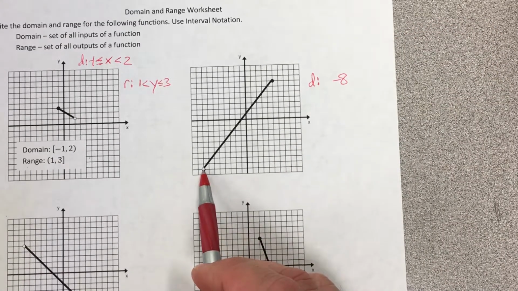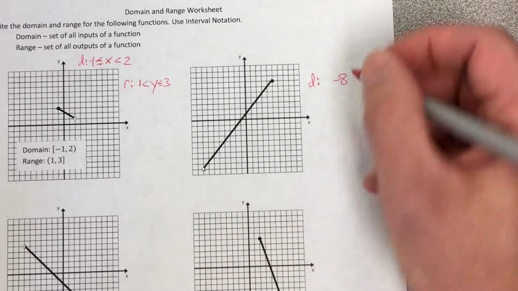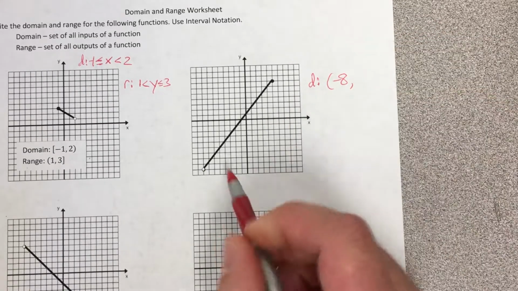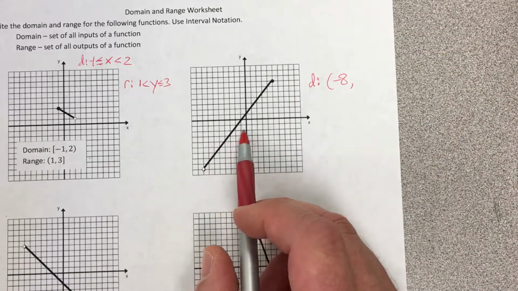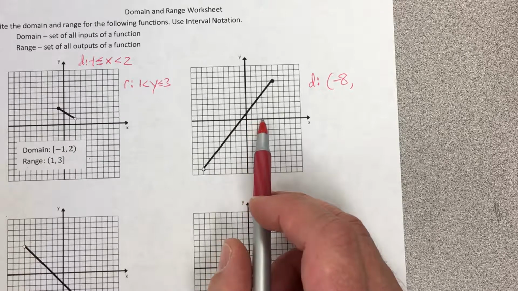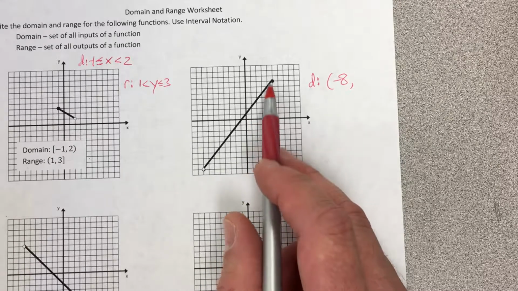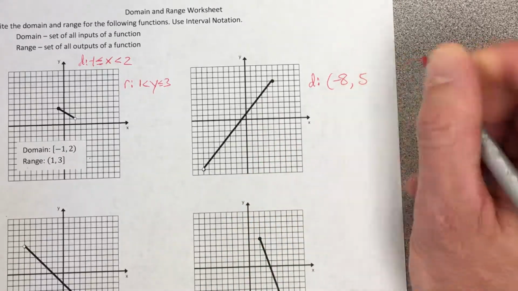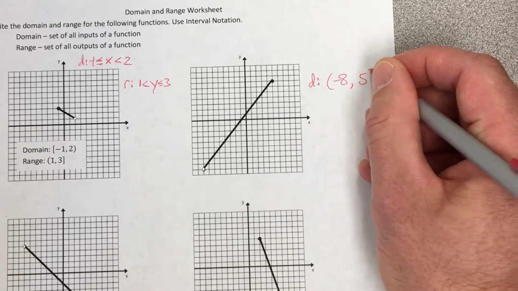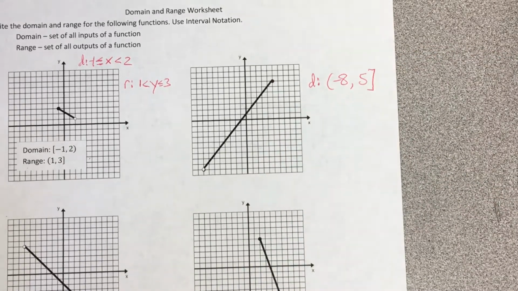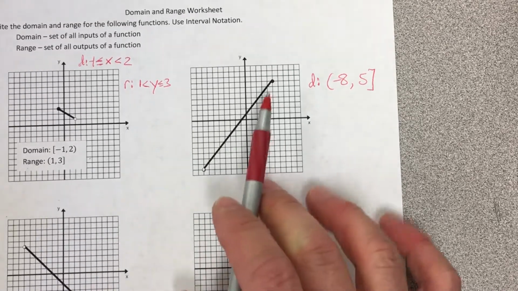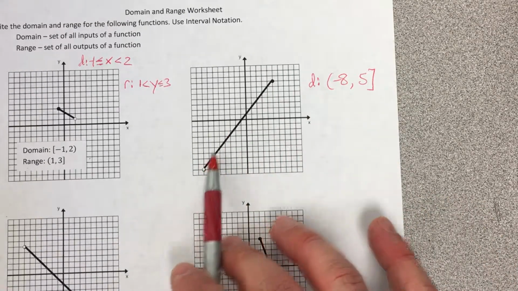But can I actually be at -8? No. So I put a parenthesis. My x values go up to 1, 2, 3, 4, 5, 5. And because there's a dot there, I put a bracket around it, which means we can include 5 in our set of x values. So that's domain, from left to right.